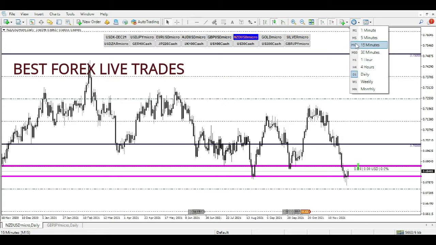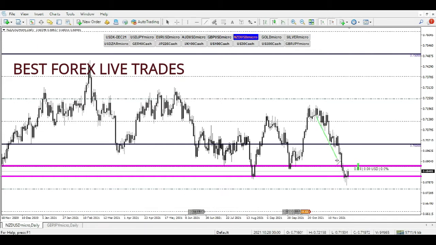Sometimes people take trades based on the 15-minute time frame. If you bought this candle, if you bought this floor on a 15-minute time frame, you were playing with fire, because look at where the market was going.